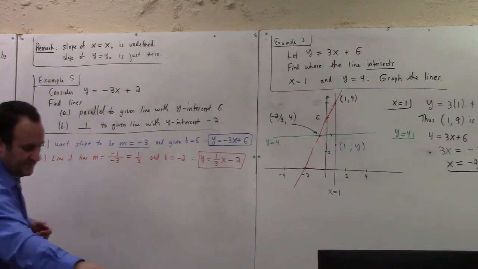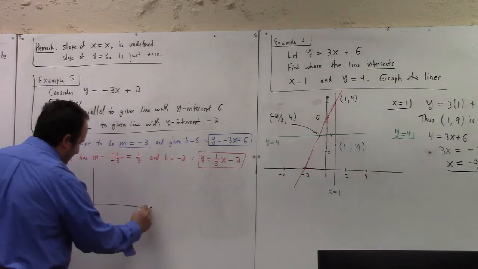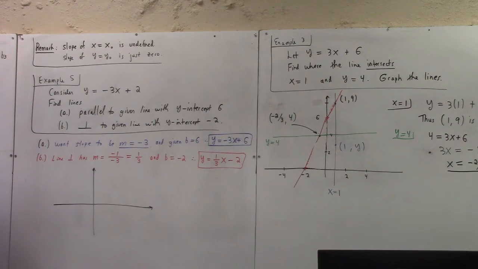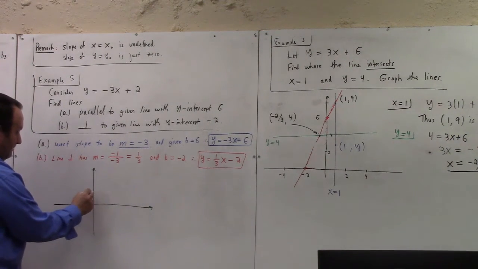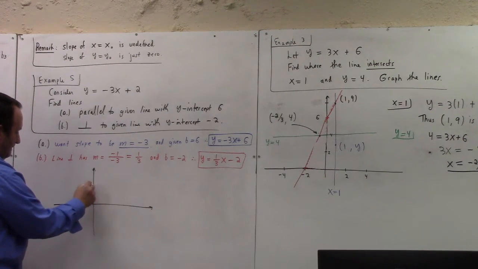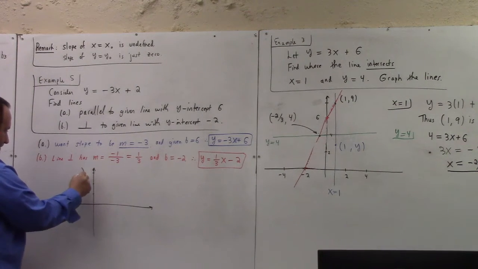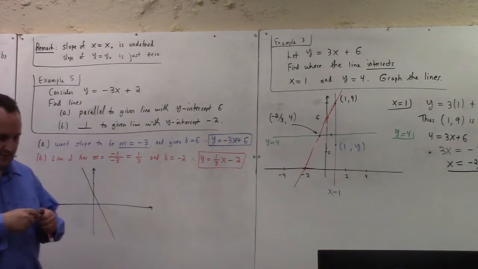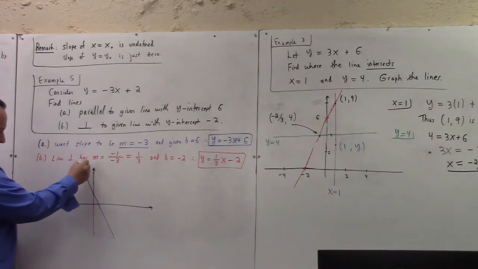And I could graph these, right? So we've got the original line, -3x plus 2. The parallel line that has a y-intercept of 6, right?